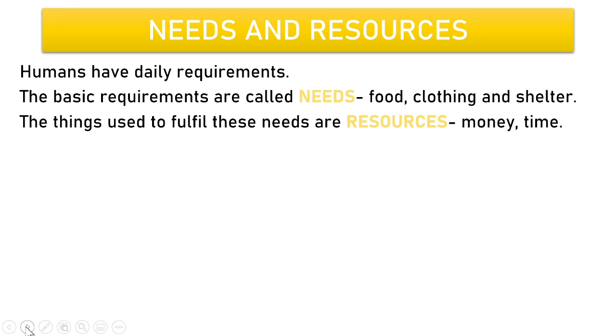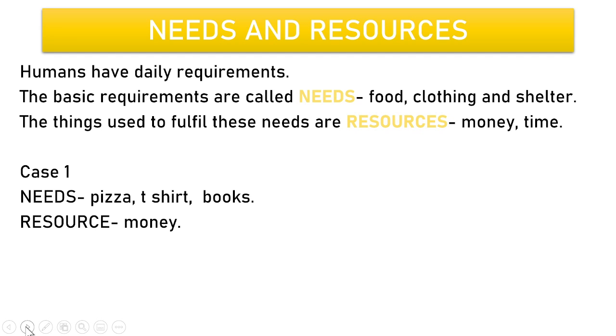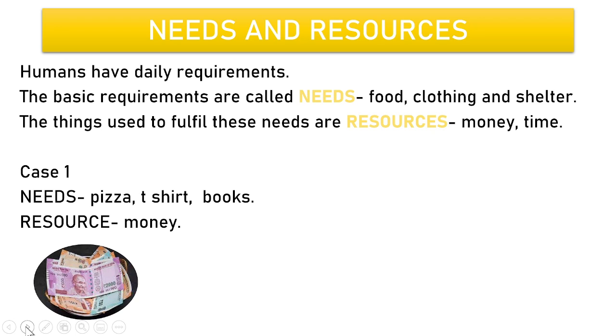And how so? Let's go back to our case number 1. In case number 1, our needs were pizza, t-shirt, books, mobile cover, birthday gift, and so many more. But the resource with which we could fulfill these requirements was only one, and that is money.